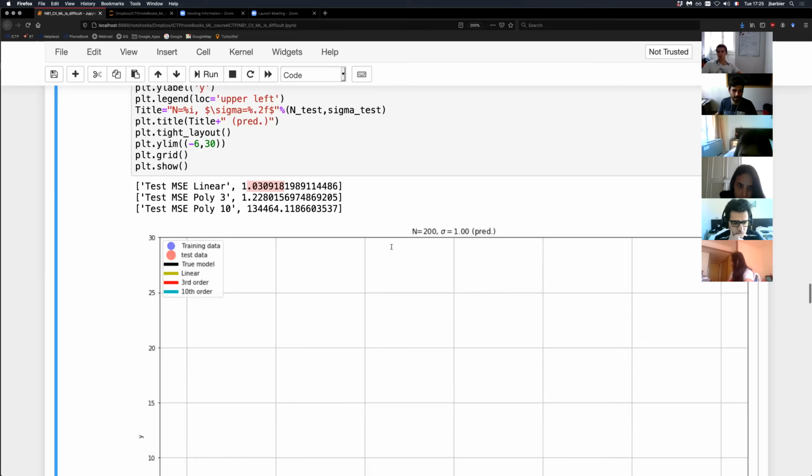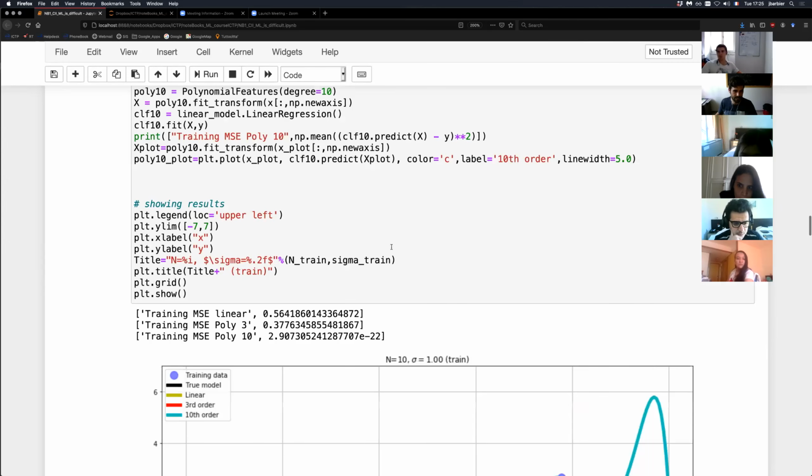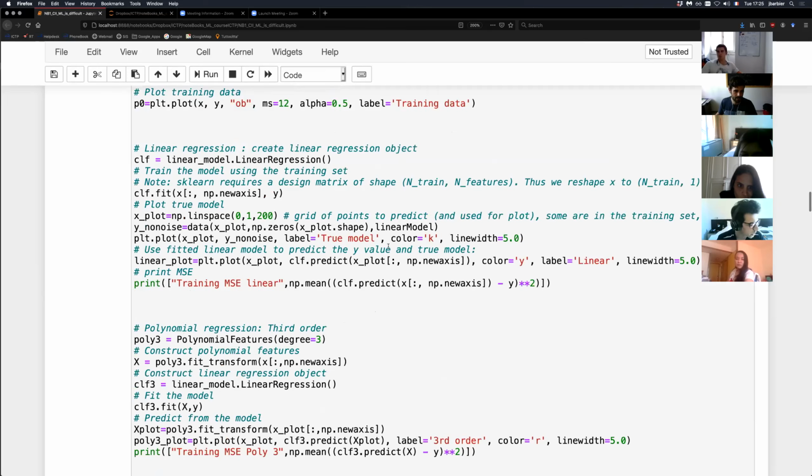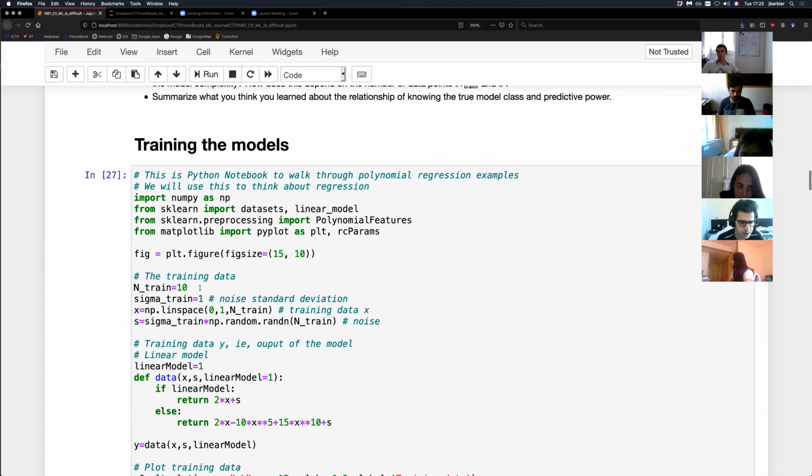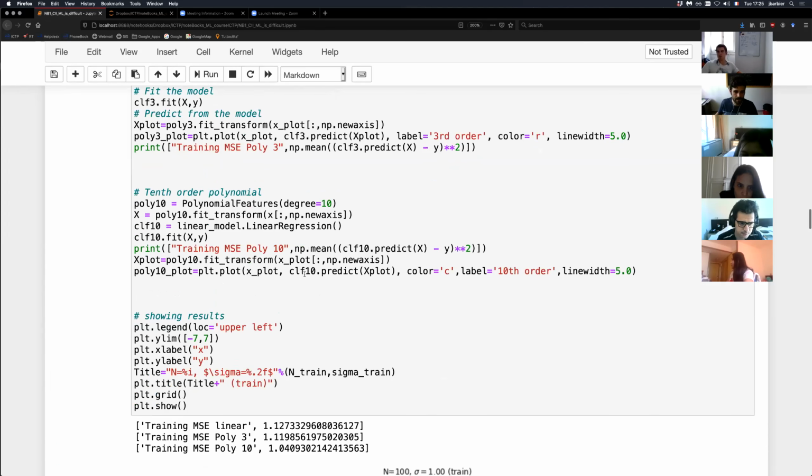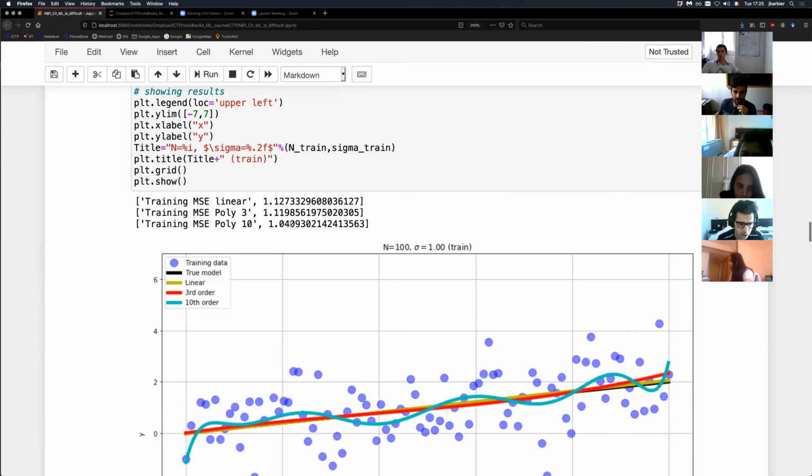Okay, let's now change the setting a bit. Let's increase the number of training data points to 100. We still have noise. Again, the 10th order polynomial is better on training. This will always be true. If you have a larger, richer hypothesis class, the training error for this hypothesis class will always be lower, because you are able to fit the training data better.